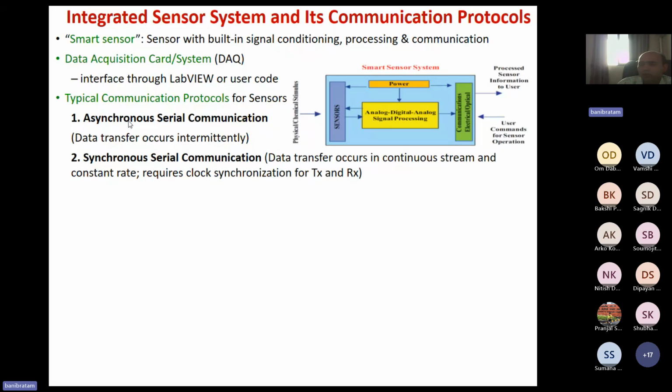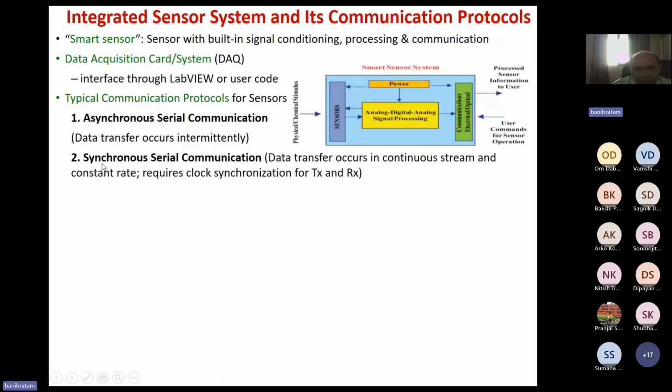So asynchronous means it does not depend on clock synchronization. If we use this protocol for connecting my sensors with a processor, or transmitting sensor data to another processor system, it will not be synchronized with respect to a clock, and the data transfer will occur intermittently, without continuous data transfer.